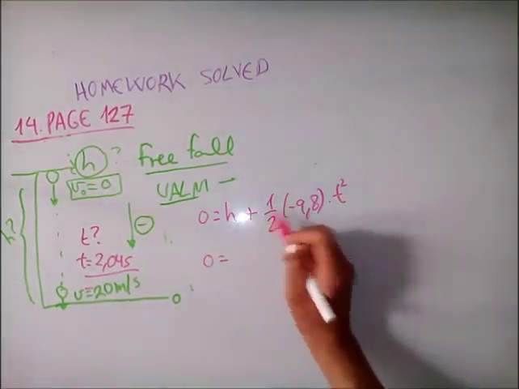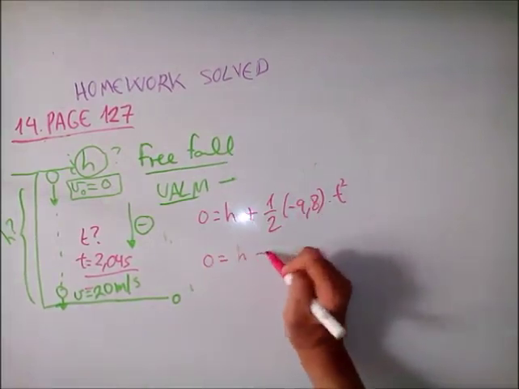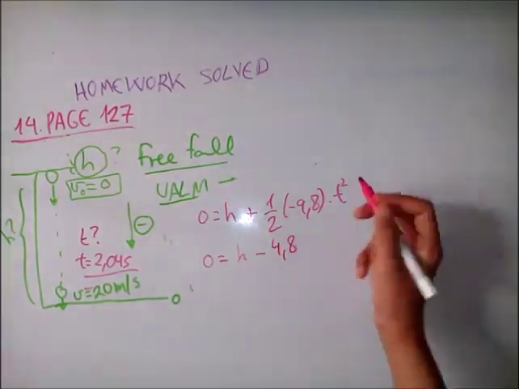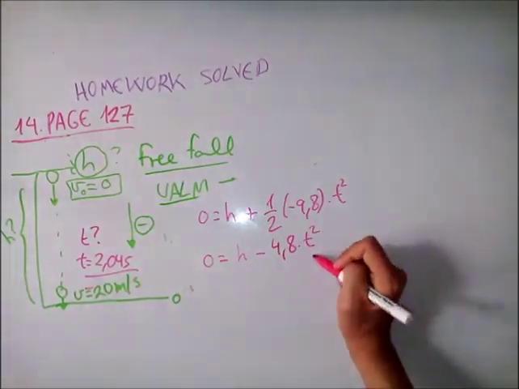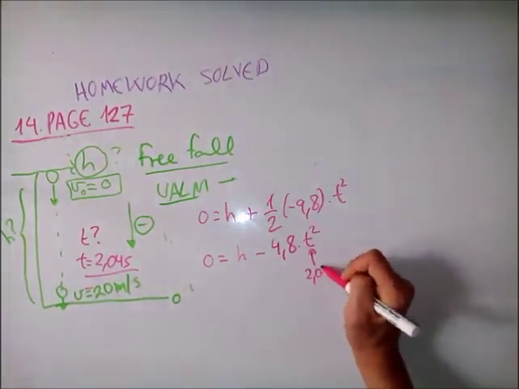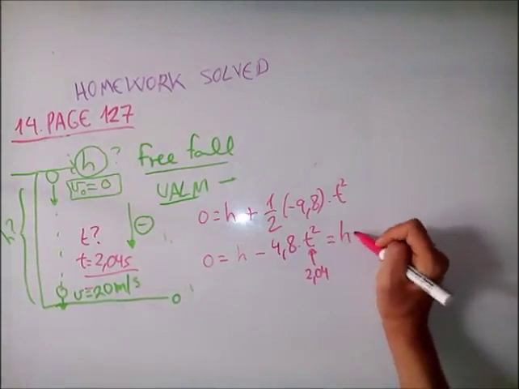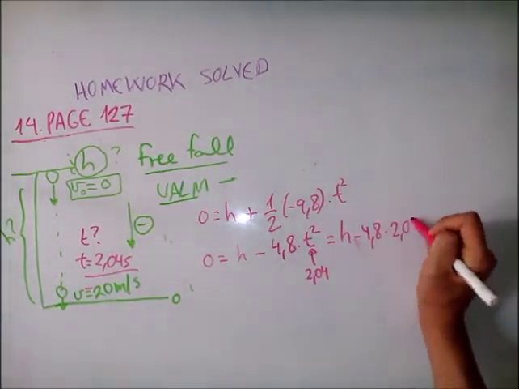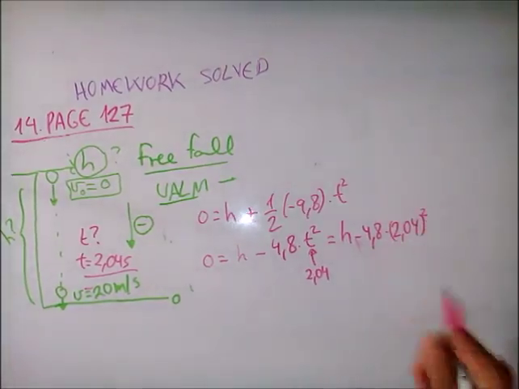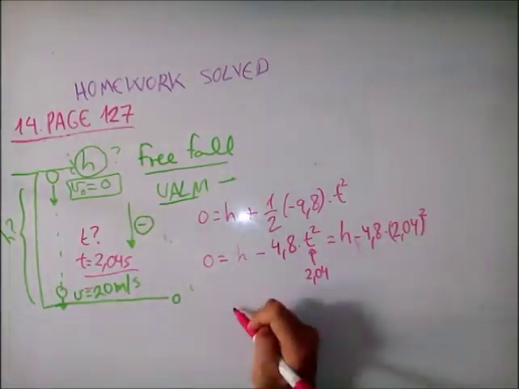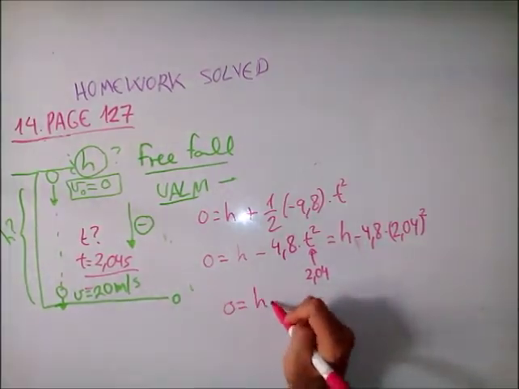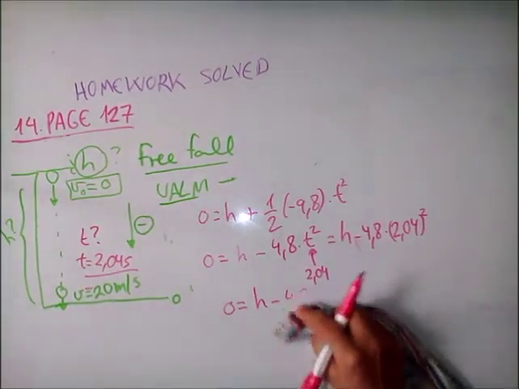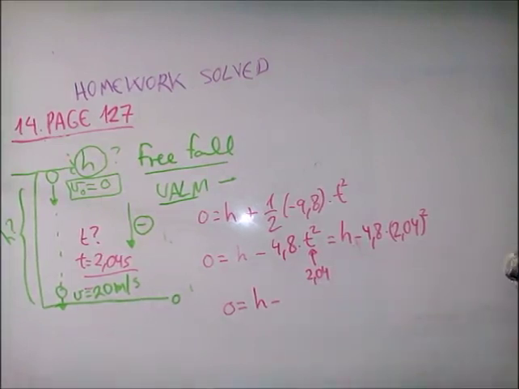1/2 multiplied, plus times minus, that's minus. 1/2 multiplied times 9.8, you can take it out with a calculator, is 4.9. And t is 2.04. So we go with this, and we can do it with our calculator.